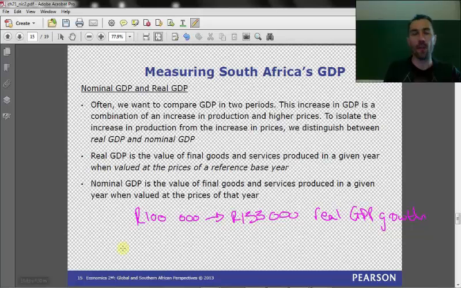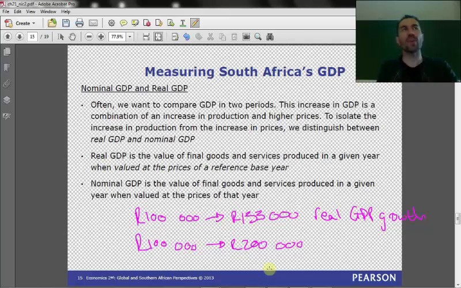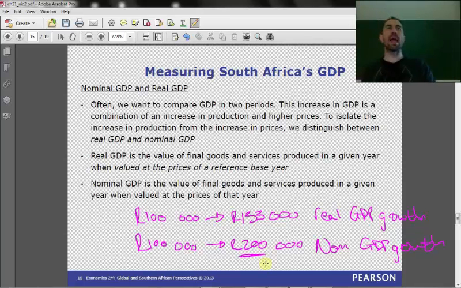When I go from 100,000 to 200,000, what that is called is nominal GDP growth. Now, what does nominal mean? Nominal means I look at the value of GDP in that period at those prices. Okay? So, nominal means I don't adjust for any price changes. Real means I do adjust for price changes.